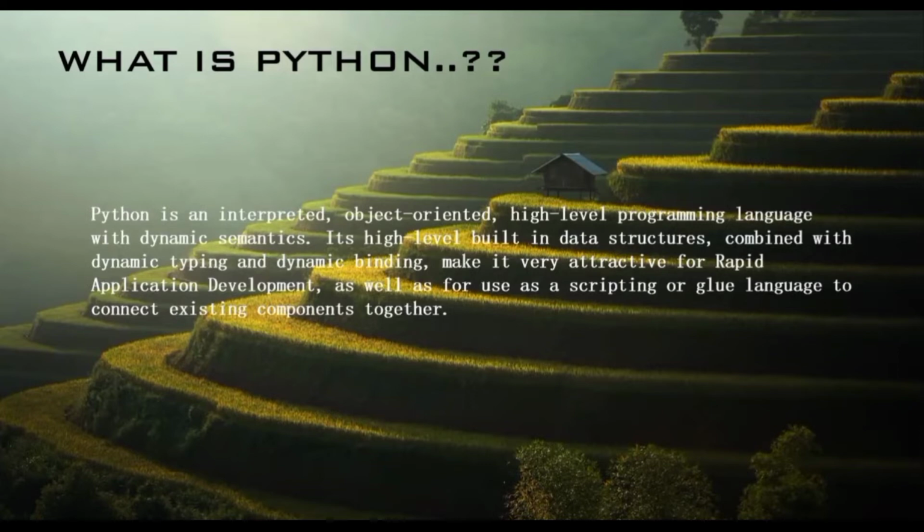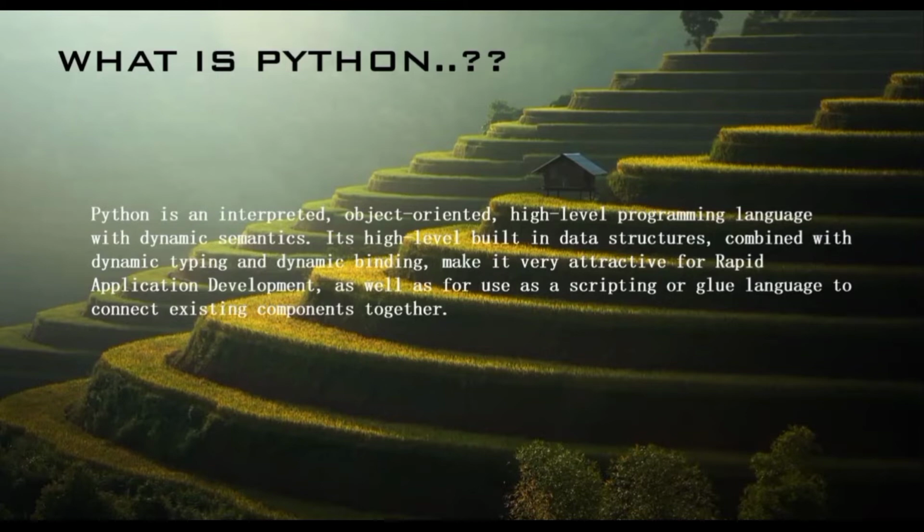So friends, what is interpreted, what is object-oriented, and what is a high-level programming language? Speaking about interpreted, the difference between an interpreter and a compiler is that a compiler takes all the code simultaneously and compiles it. An interpreter takes every single line in the code, compiles and executes it, and the process continues until all the lines of code in the program are completed.